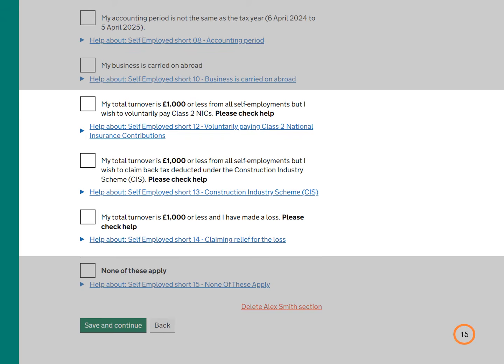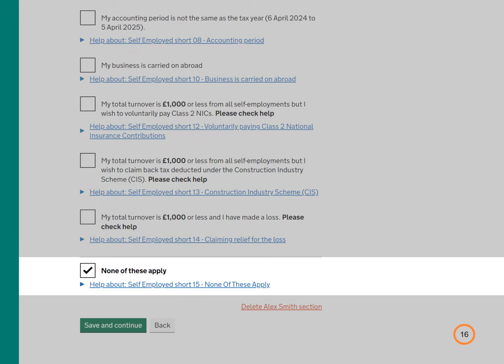For example, if you want to pay voluntary Class 2 national insurance contributions to build entitlement to contributory benefits like state pension. If none of the circumstances apply, select None of these apply at the bottom of the list.